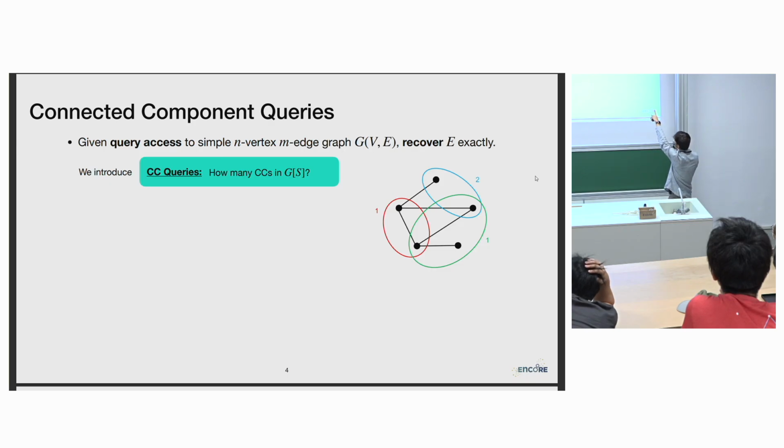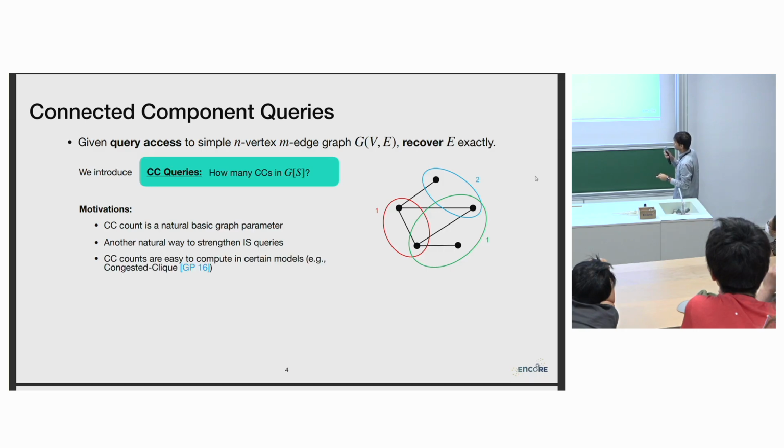For the set of blue vertices, circled in blue, the number of connected components is 2. And for the set of red, there is 1. So by asking these 3 queries, you can uniquely reconstruct this graph up to isomorphism. So you have made 3 queries. We want to characterize this for general graphs.